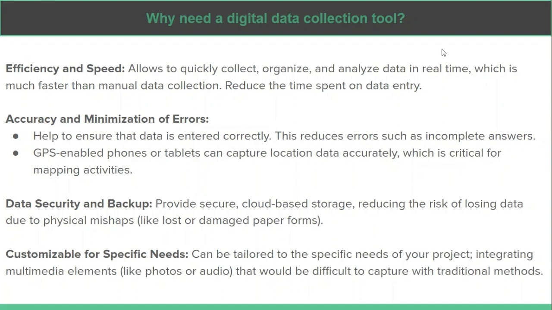And one of the problems we really face is when it comes to data collection and you collect data on pen and paper, you then have to take this paper to the data entry clerk and input all of this manually collected data into spreadsheets. So it takes a lot of time to collect data onto your paper, and then you transfer from your paper to the computer through spreadsheets.